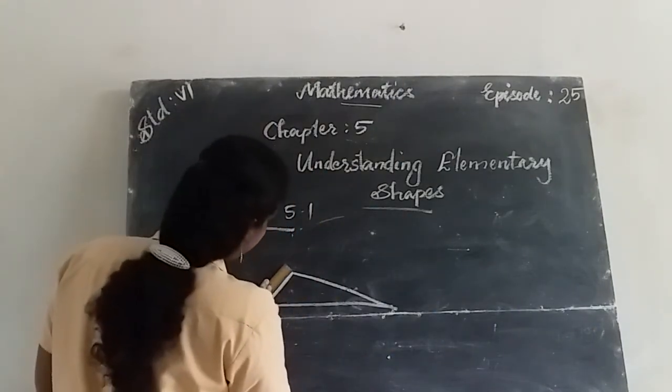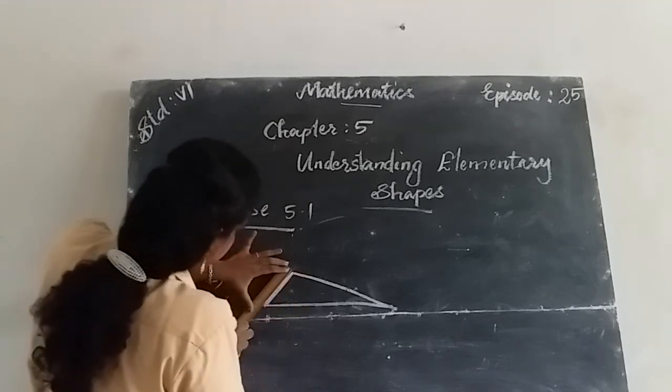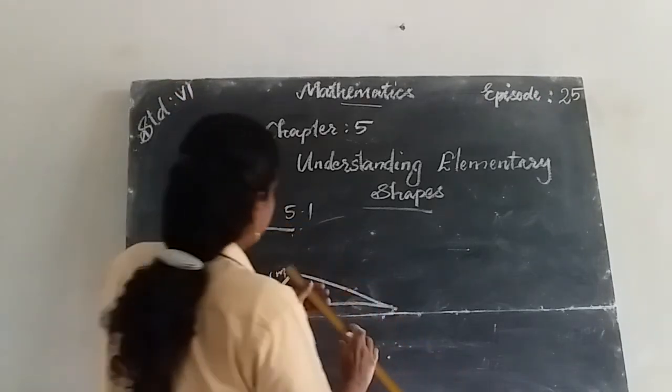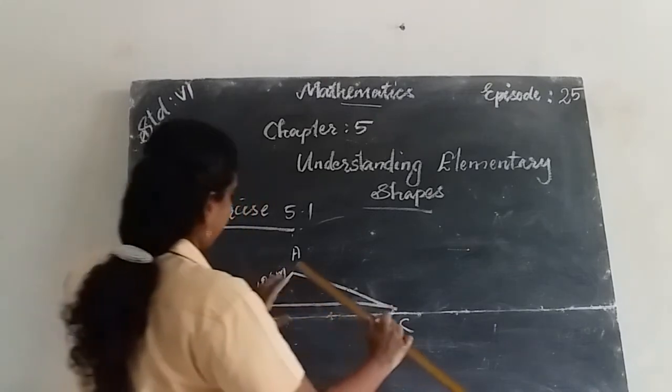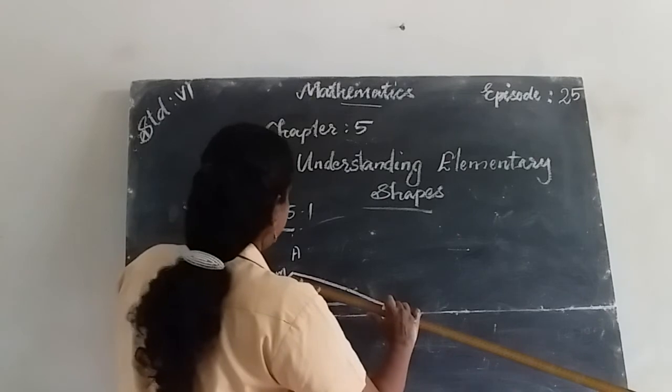Using your ruler, you should find the length of the sides, and this side measures 10 centimeter. And here another side. And the triangle is named ABC. Okay. You can name the triangle anything, like PQR or EFG, etc. Okay.